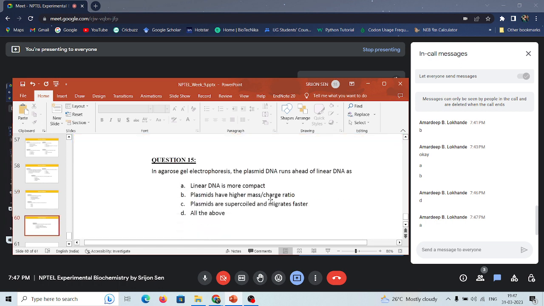In agarose gel electrophoresis, the plasmid DNA runs ahead of the linear DNA. Why? Why does your plasmid DNA run ahead of the linear DNA?